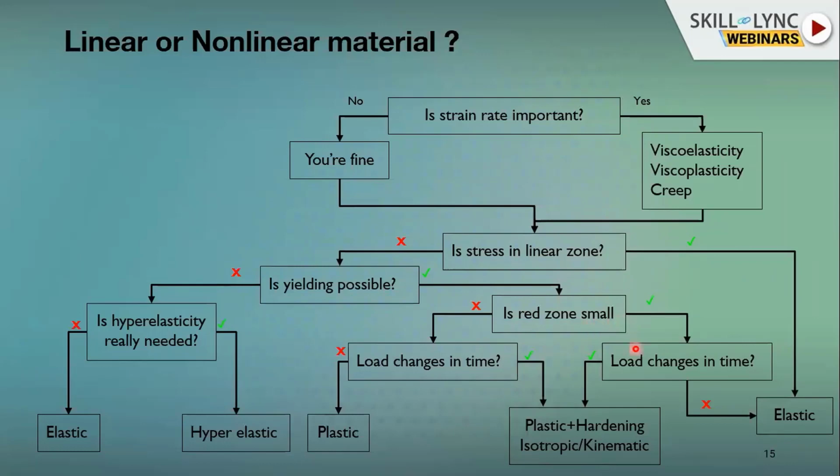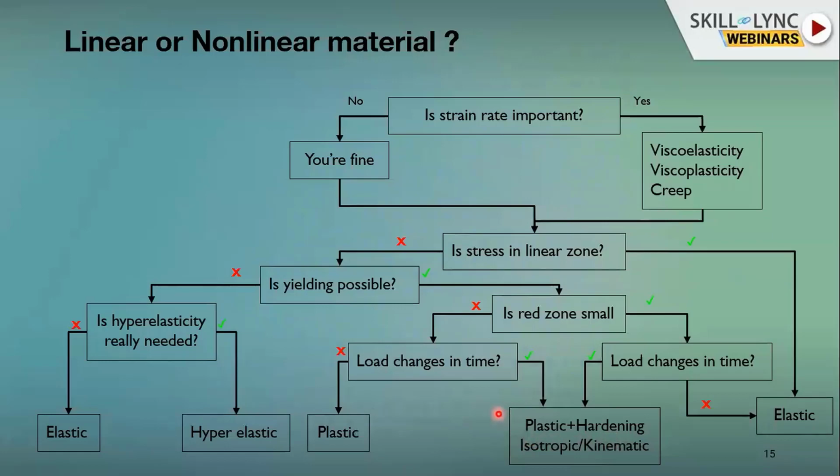If it is going to be small, then once again you check whether there are any load changes with respect to time in the increments of loads that you give. If there are load changes, then you include plastic modeling plus hardening, where the strengthening begins. If you could recall the stress-strain curves we had seen just a few minutes before.